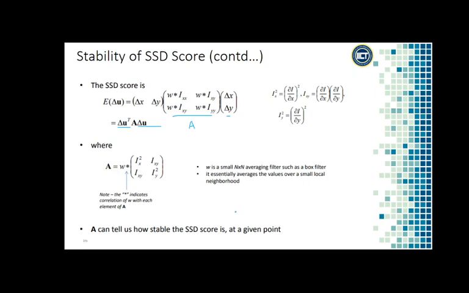So A here is responsible for telling us how stable the patch is, because if the SSD score is good for this matrix, then of course the patch is good. If the SSD score is not good, then the patch is not good. So the aim of this is to get higher values for each of the gradient maps.